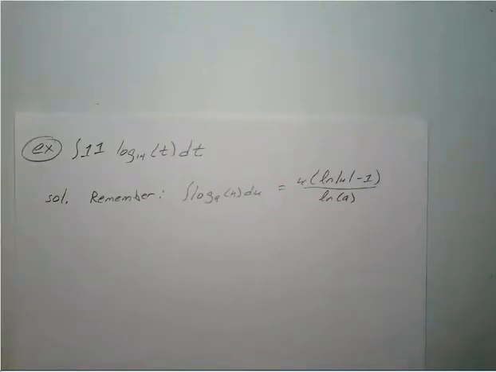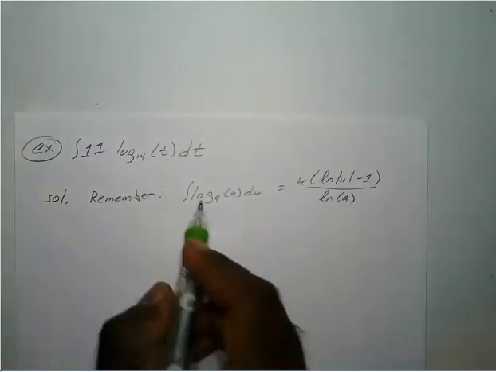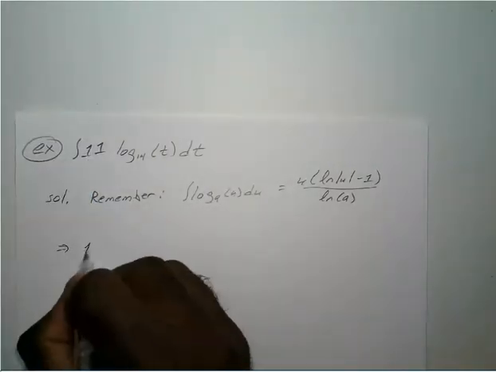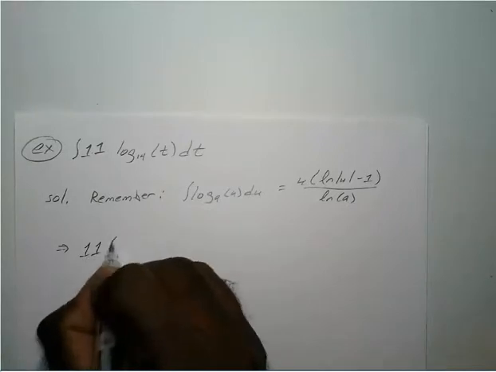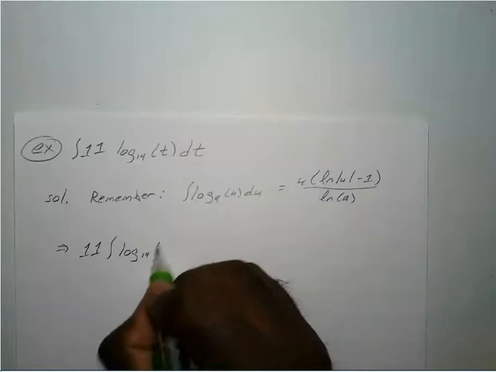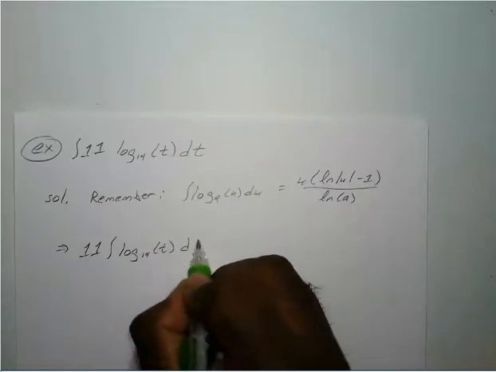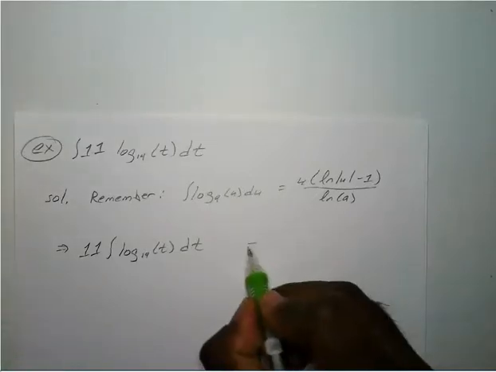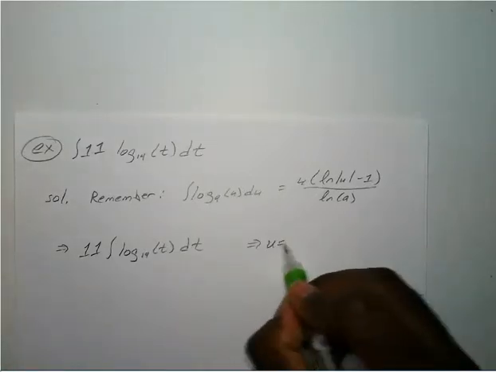All right, so we have our formula. So that means if we go ahead and just get that 11 and factor it out, we have 11 times the integral of log base 14 t with respect to t. Okay, now in this case, our u is just equal to t.